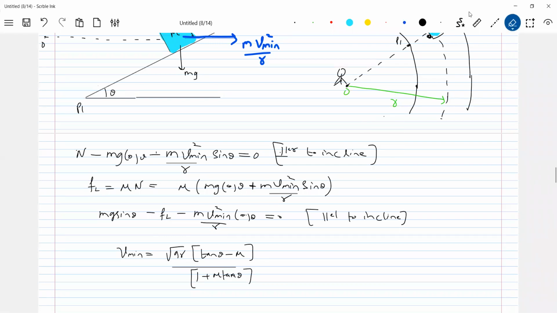Check it once. M will get eliminated. Velocity should be root gR. This will get V minimum.